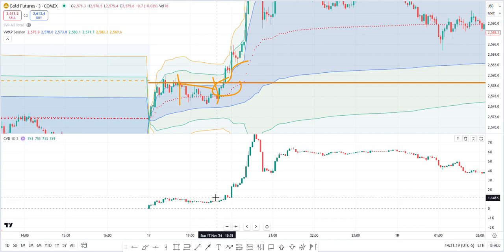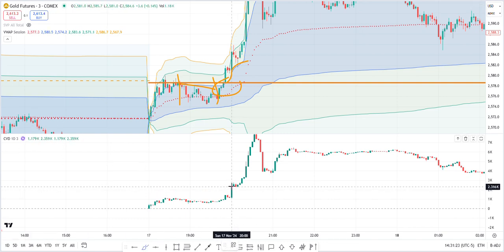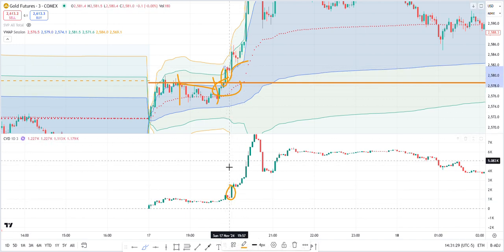Let's do it over here. We got really strong buying right here, strong buying, candle divergence, and then after that, oh, my bad, I did it on the wrong candle.